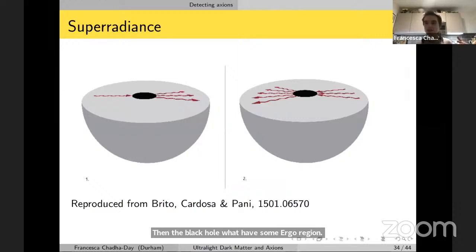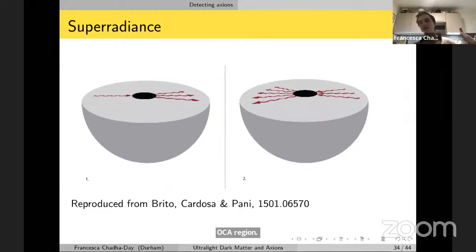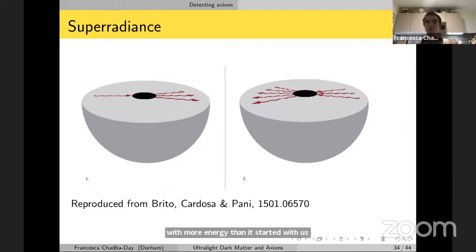If a photon, or indeed any other particle, passes through the ergo region, then it can gain energy from the rotation of the black hole, escape from the black hole's orbit and leave with more energy than it started with. This energy comes from the rotational energy of the black hole, so the black hole will slow down a little bit because of this process.